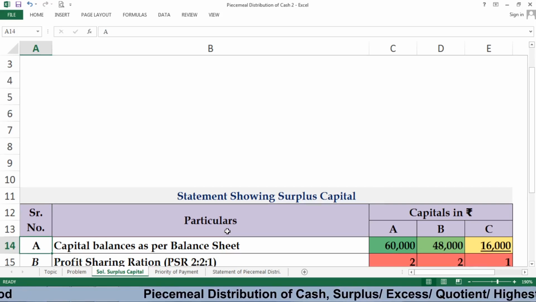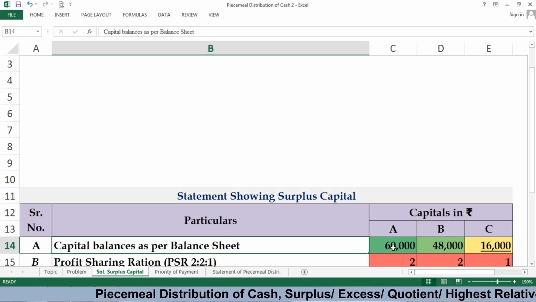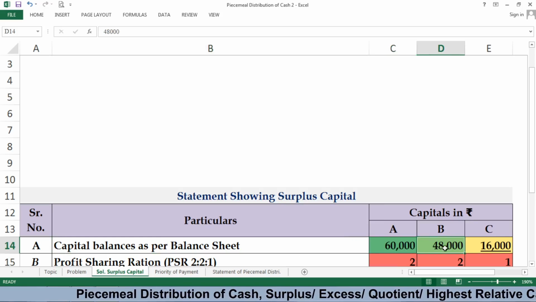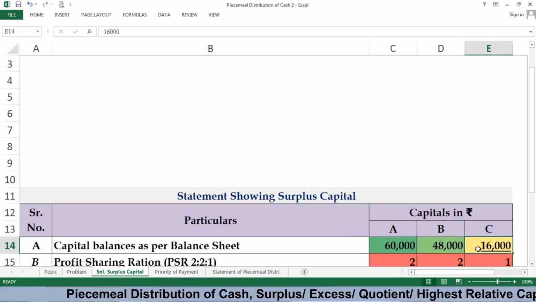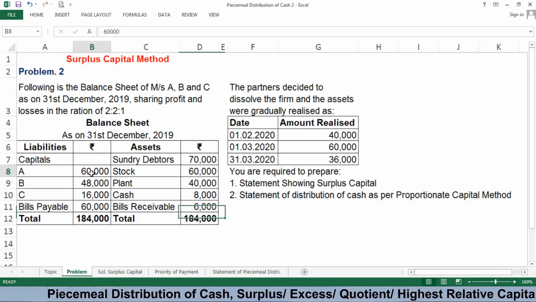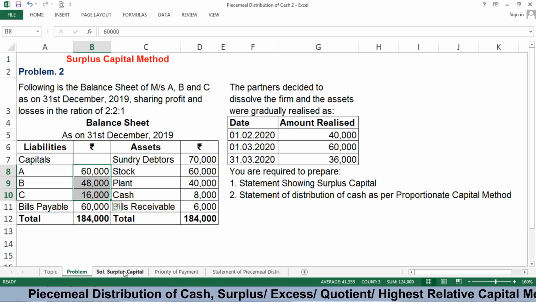First one is serial number, second one is particulars, and the last three columns are for capital of A, B and C. You have to put first of all the balances as per the balance sheet. So capital of A is rupees 60,000, B's capital is 48,000 and C's capital is 16,000.